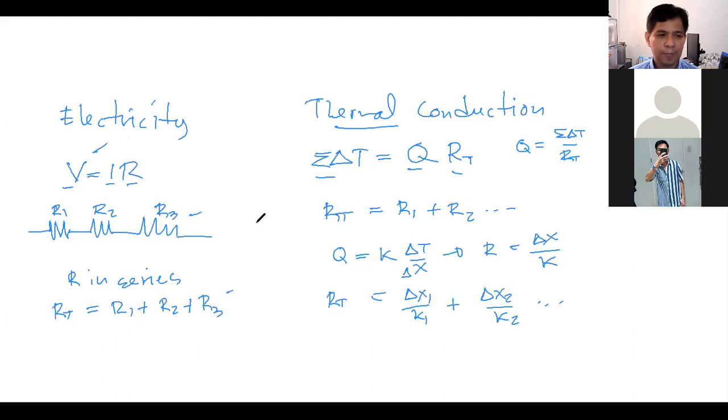Pag series kasi, ang constant dito yung I. Pag series sa electricity, yung current is constant. Kumbaga I1 is equals to I2 is equals to I3. Ganyan kasi yan, di ba?